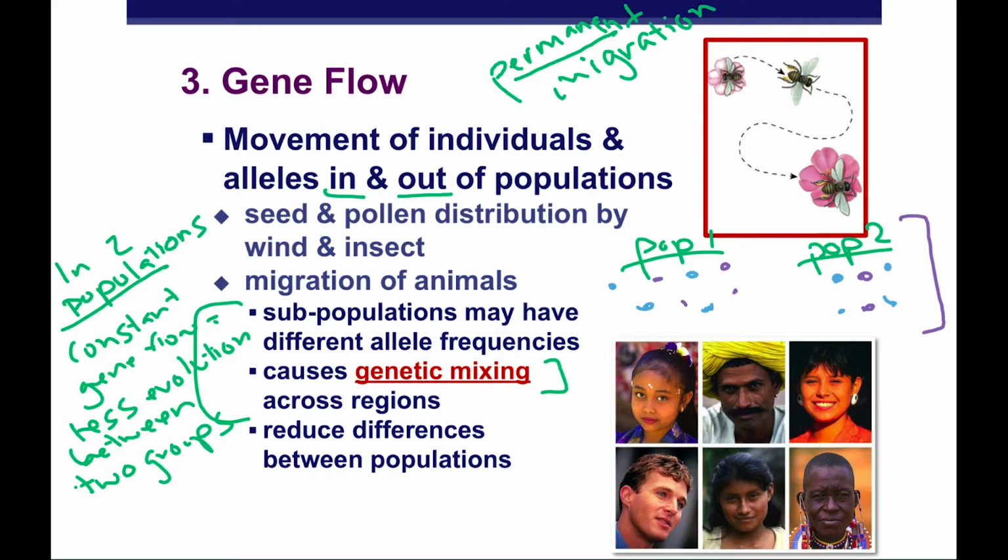That's permanent gene flow, which will lead to evolution in the population. However, if that flow is constant, where that purple guy goes back, or a different purple guy goes back to the other population, then there's no evolution because it just rewinds itself.